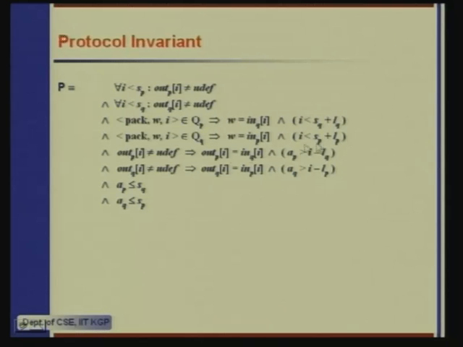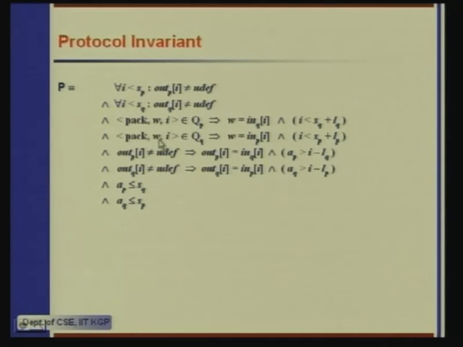Now, how do we prove this part, that out pi is not equal to undefined means out pi equal to in qy? Because how do we update out pi? We update out pi to W when we receive pack Wi. Okay.